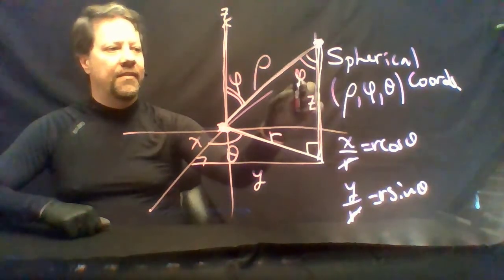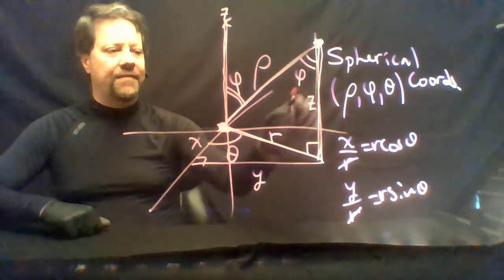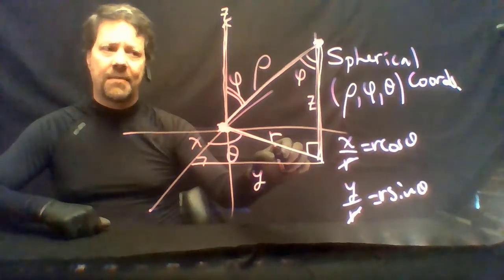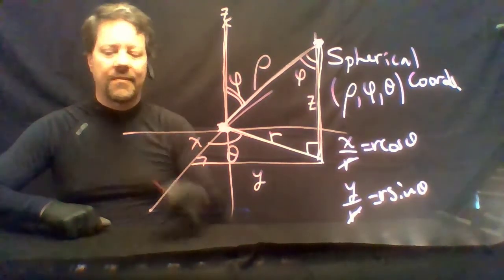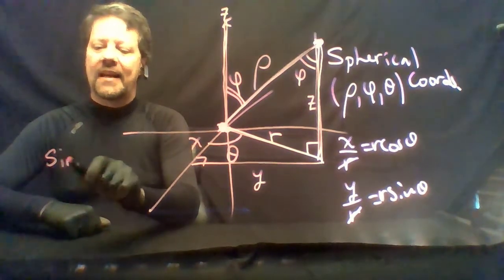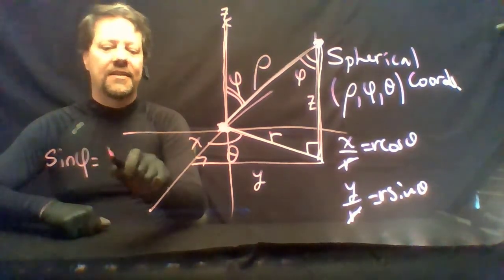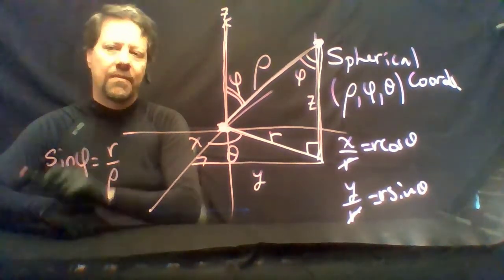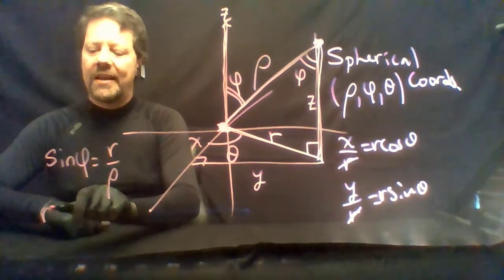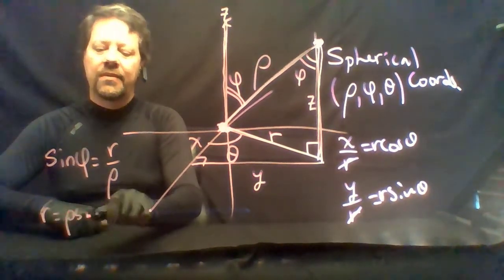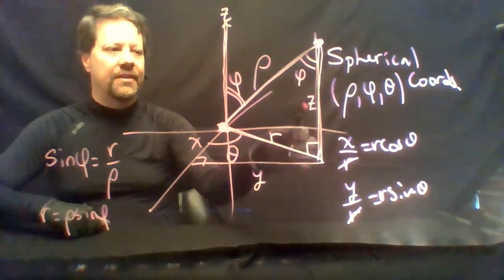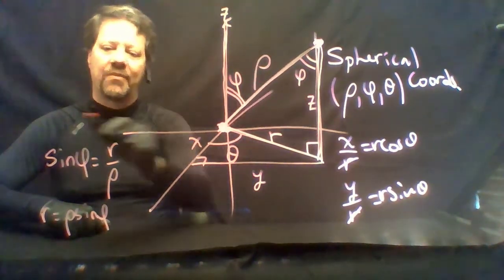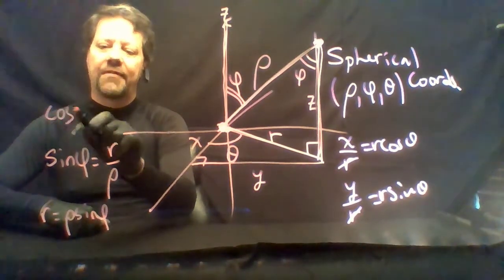That means compared to this angle phi, r is going to be the side opposite, whereas rho is the hypotenuse. So we get the sine of phi is r divided by rho. That means we can replace r with rho sine phi. Also note that z divided by rho is cosine phi.